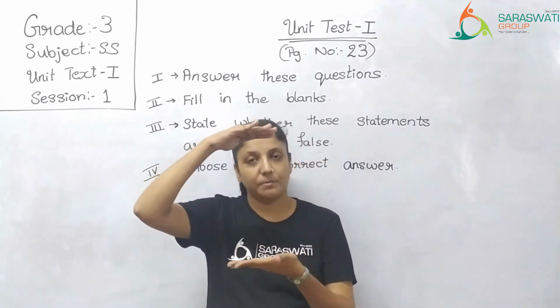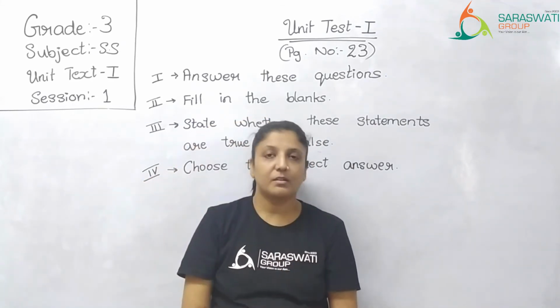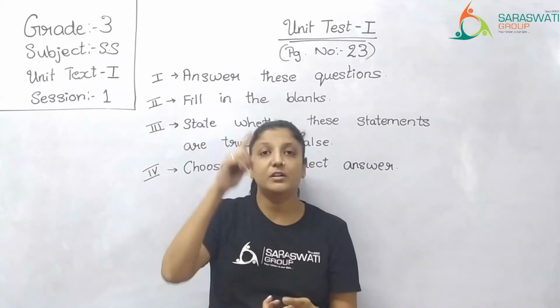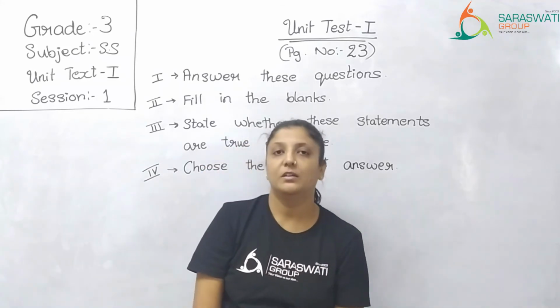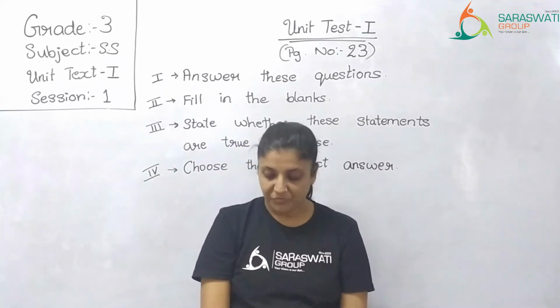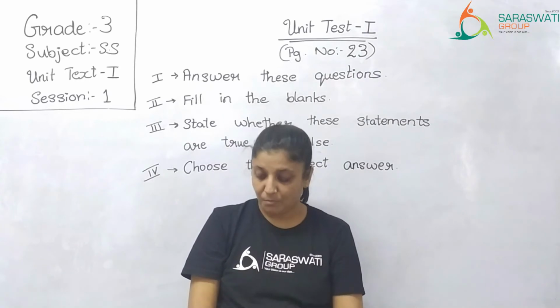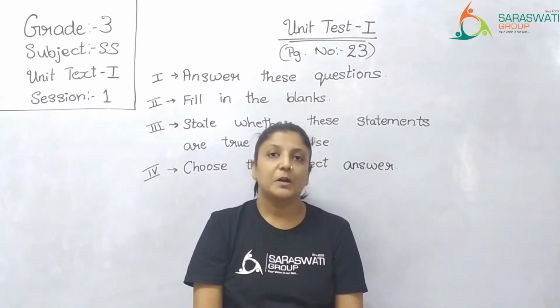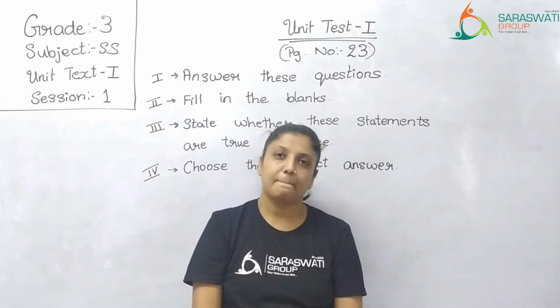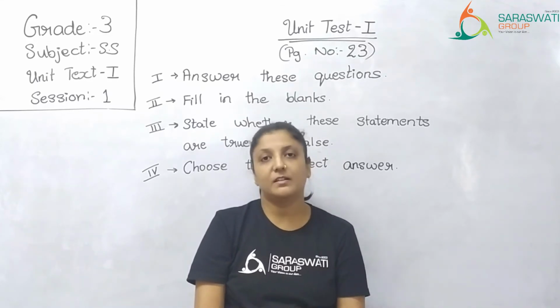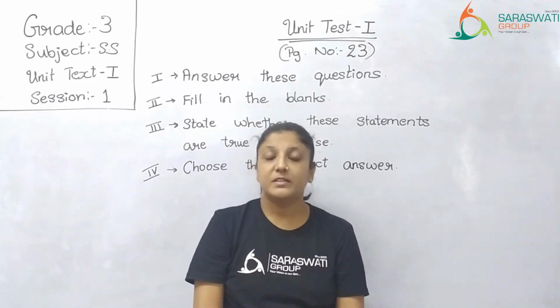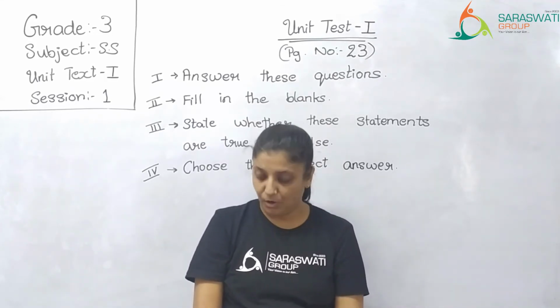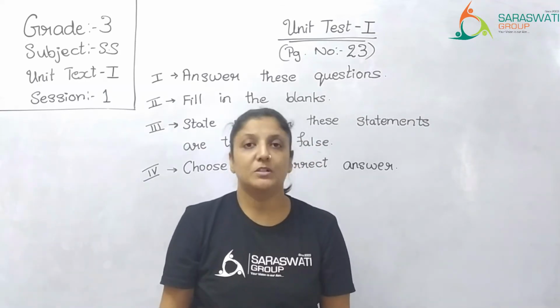Two ends of the earth. What are they called? Options are cherry, poles, atmosphere, biosphere. What is the correct answer? Yes. It is option B, poles.